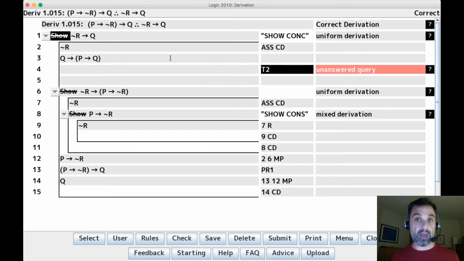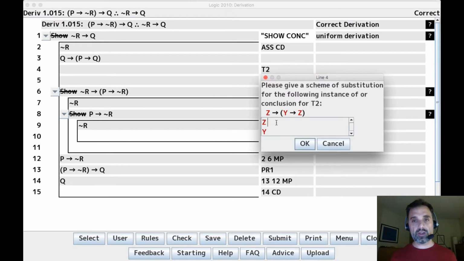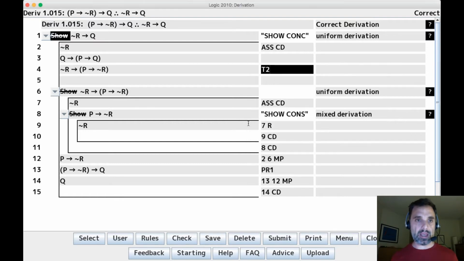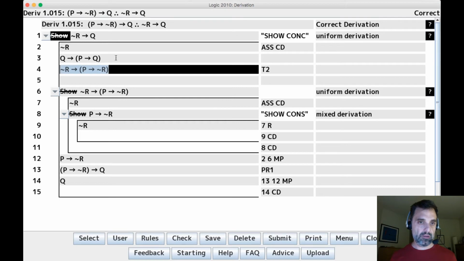And the theorem number of that is theorem 2. So if we said we want theorem 2, it's asking for an instance of theorem 2. So we need to say, okay, what do we want the z to be? In this case, we want the z to be not R. In this case, we want the y to be P. And so we get if not R, then if P, then not R, without having to do this whole derivation, right? So this is theorem 2.